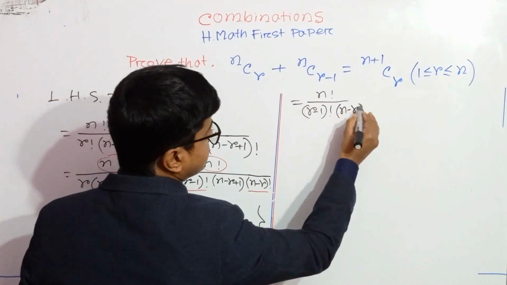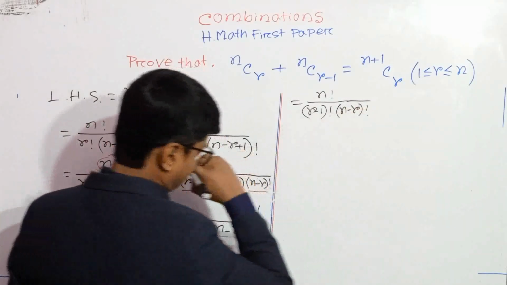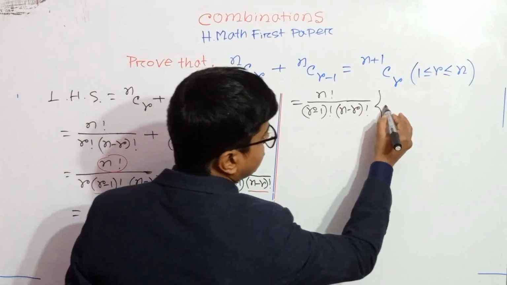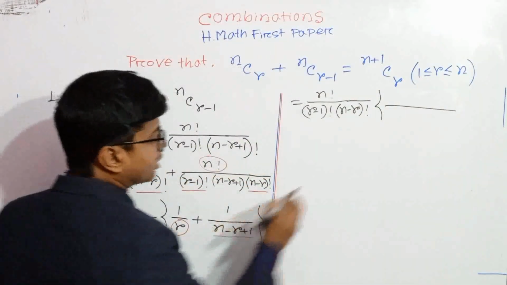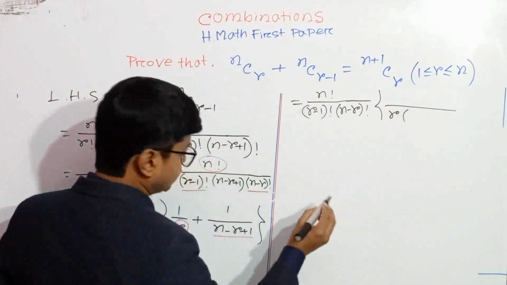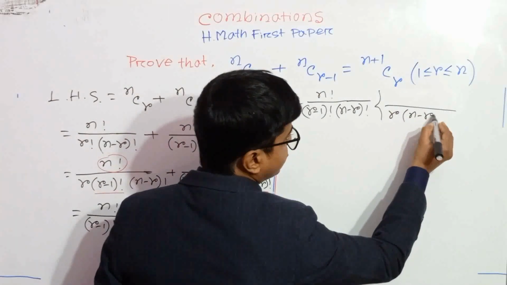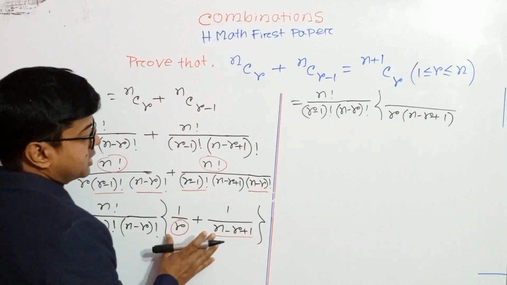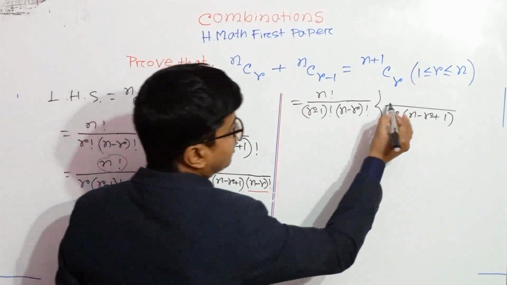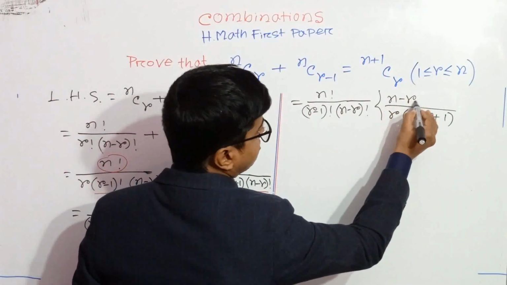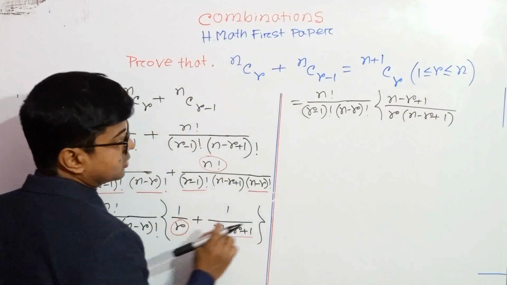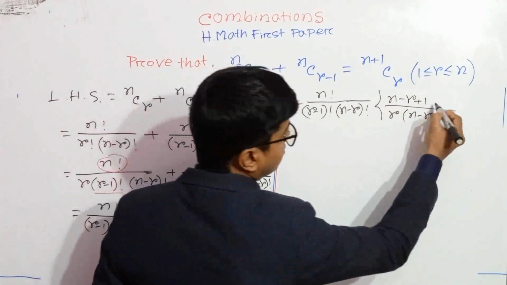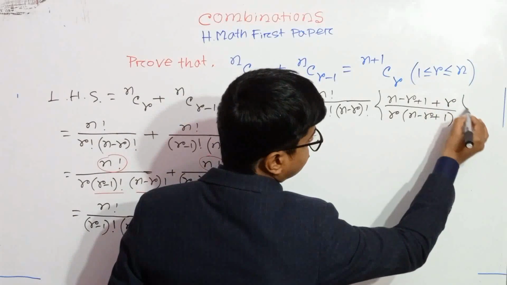Here our LCM will be r into n minus r plus 1. So after calculation it will be n minus r plus 1, and for this part it will be plus r.